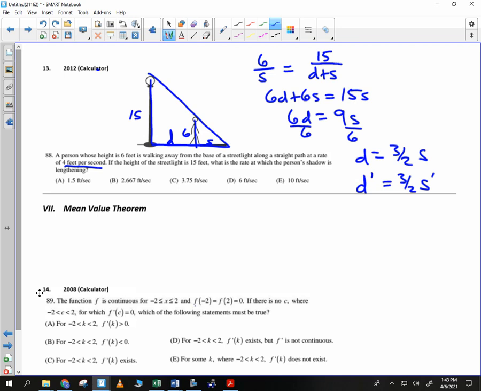What does the problem tell me? Walking at a rate of 4 feet per second. That's how fast that distance is changing. So 4 is equal to 3/2 S prime. Do we know how to solve for that? Multiply both sides by 2/3, and we get 8/3, or 2.667 feet per second.